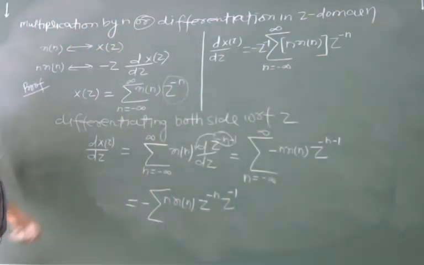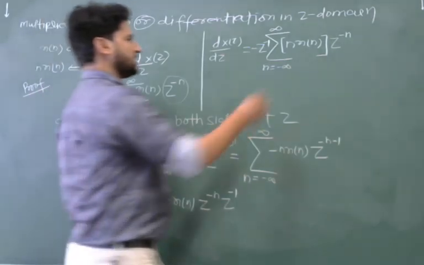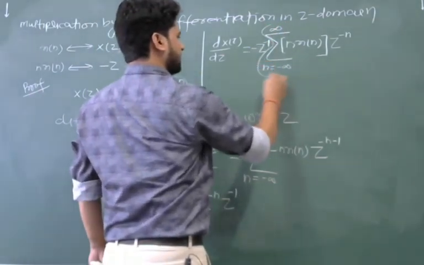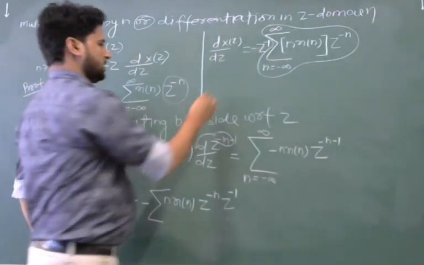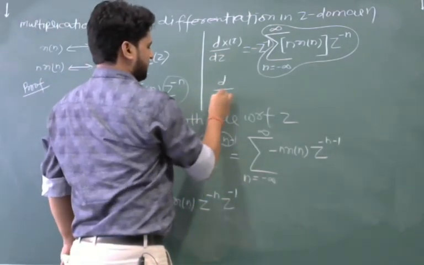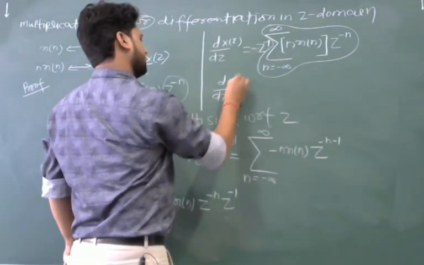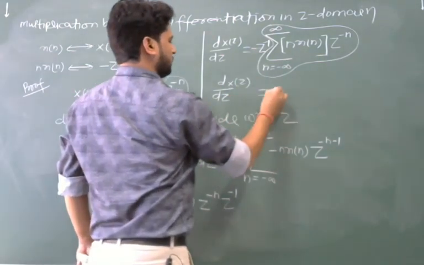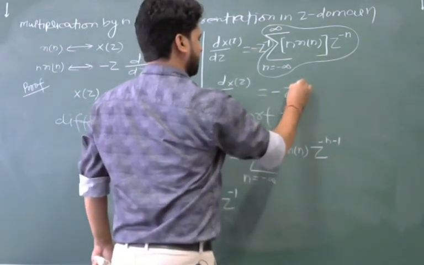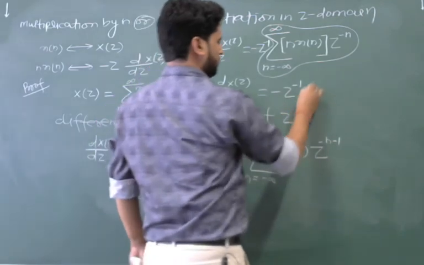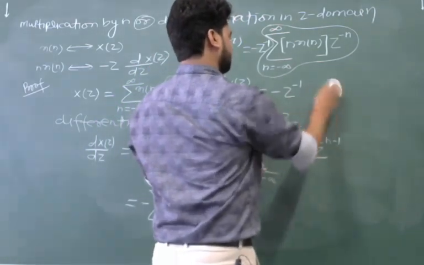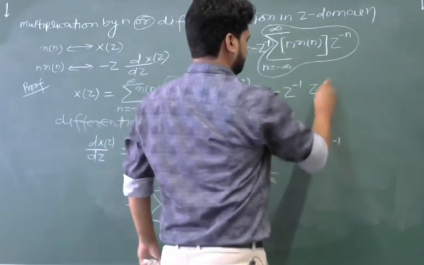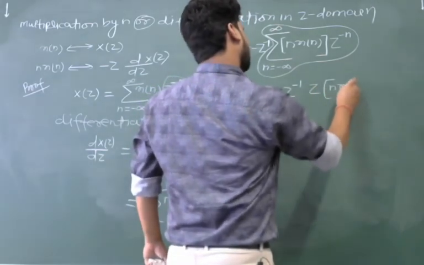This can be written as the z transform of n x of n, means d by dz of x of z will be equal to minus z power minus 1 into the z transform of n into x of n.